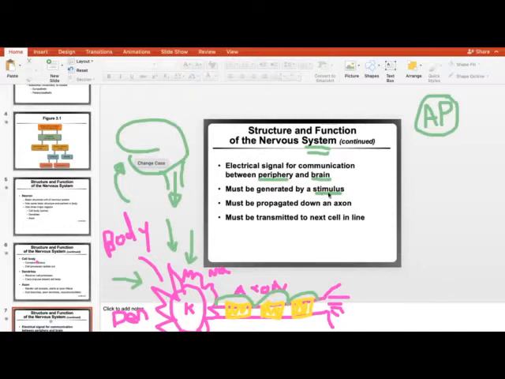In any event, some stimulus, either visual, auditory, peripheral, is going to make it so that the nervous system allows for this action potential to emerge. And then that action potential is propagated, boom, down the axon. And then it leaves that particular nerve and is transmitted to the next nerve cell or to the next muscle cell, muscle fiber.